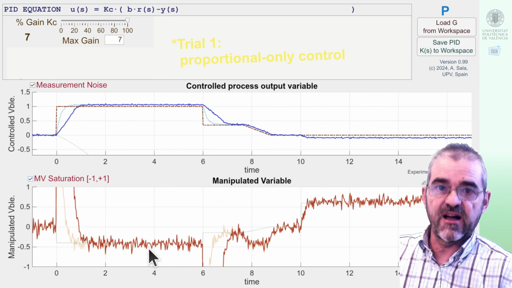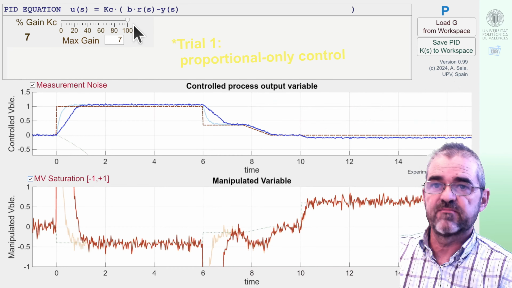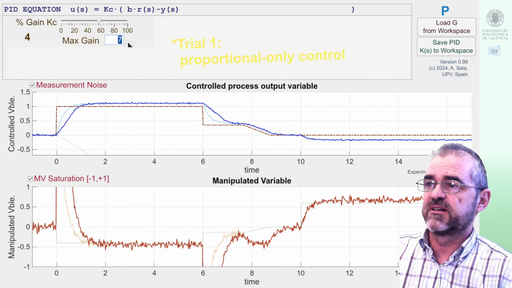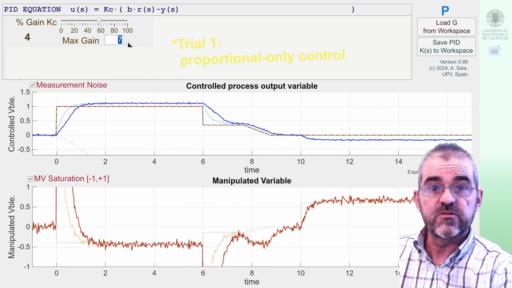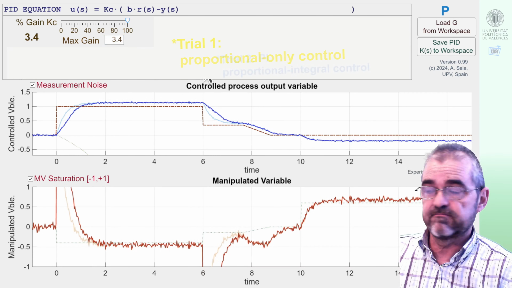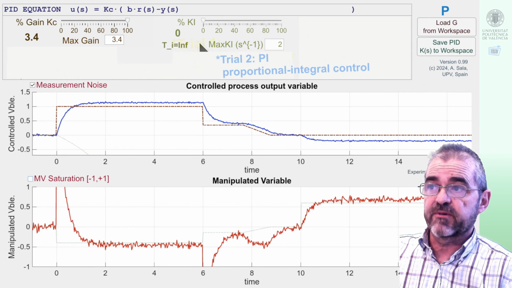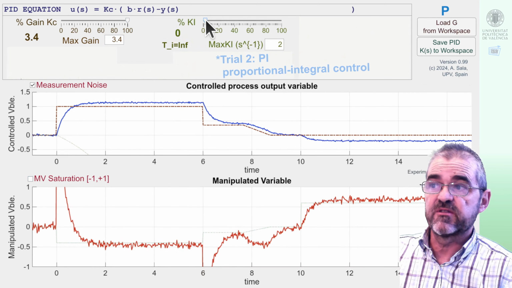Perfect. But if high gains are problematic, then I will decide to settle for a smaller gain, let's say 3.4, and first, without saturation, correct my error with a bit of integral action.